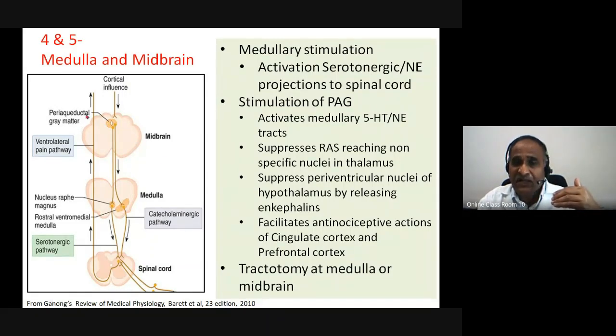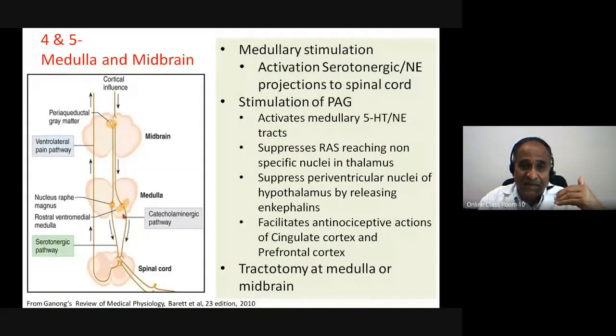The stimulation of the periaqueductal gray. Now the periaqueductal gray has an added advantage. It releases morphine-like compounds in the canal here, in the third and fourth ventricle, and that would suppress the activity going up, either at the thalamic level or at the hypothalamus level.